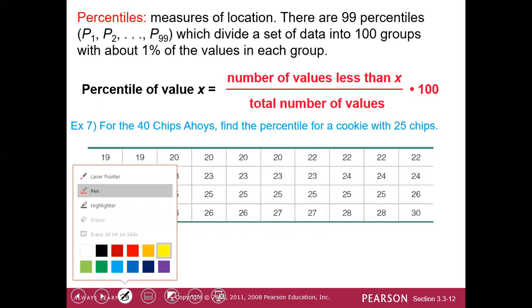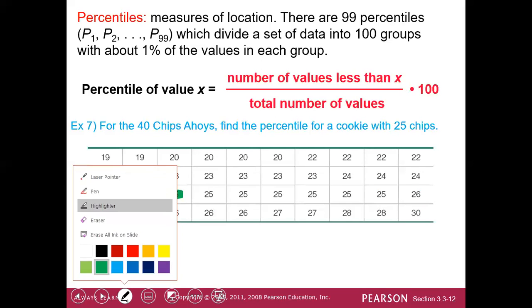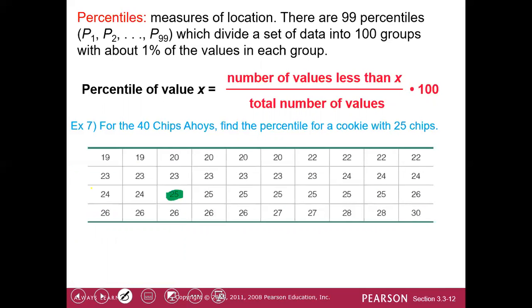Okay, so I go to 25 and I go to the first time I see 25. And I count how many values are less than that. Again, I don't care what the values actually are, I just count how many are less than that. So I'm basically counting all of those.